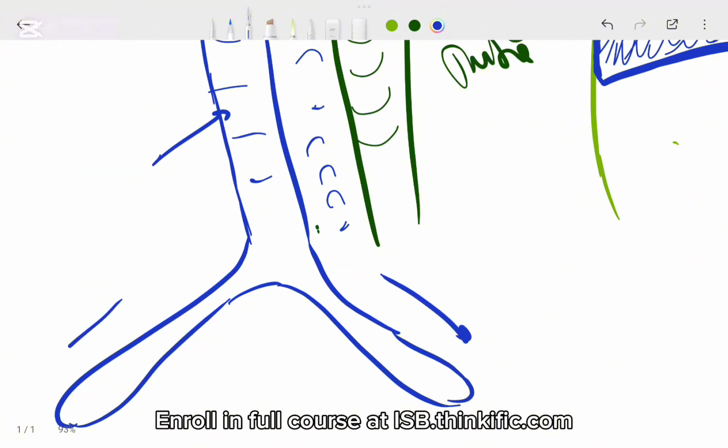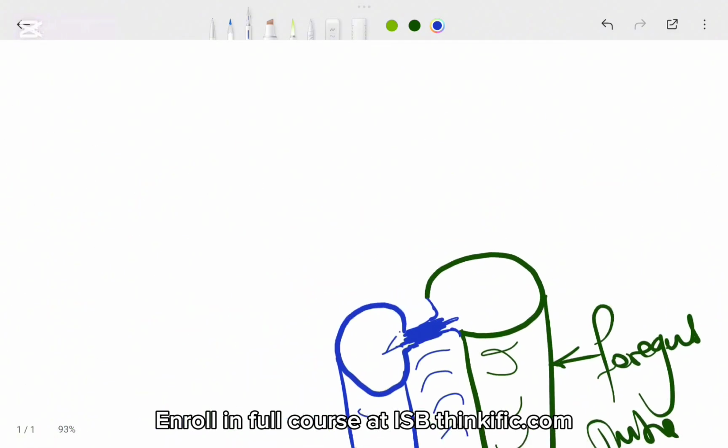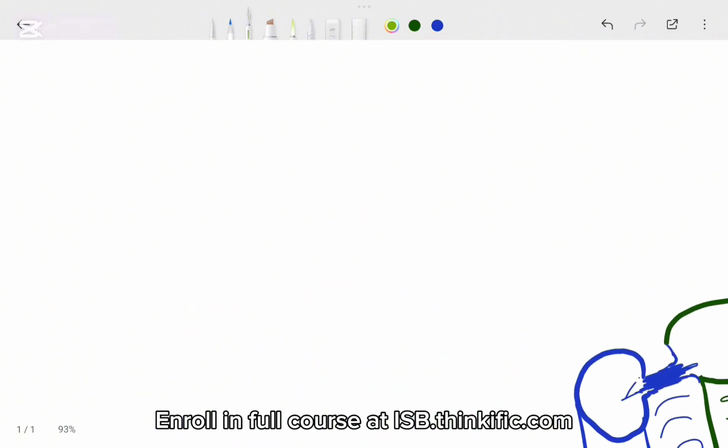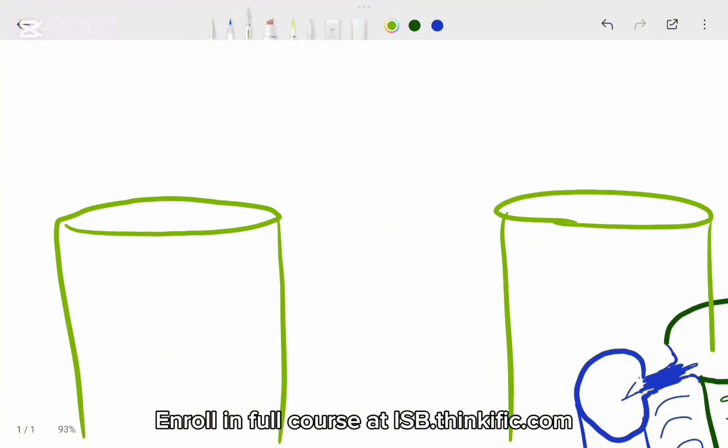These two parts will ingress here. They will grow inside the pericardio-peritoneal canal. So it is like this. This is one pericardio-peritoneal canal. That's the other pericardio-peritoneal canal.